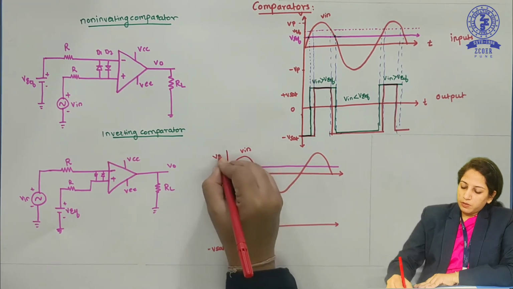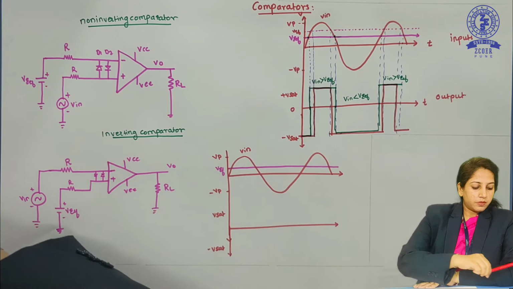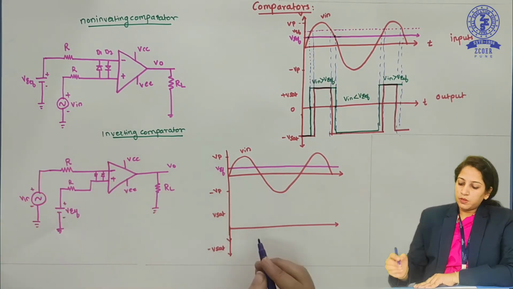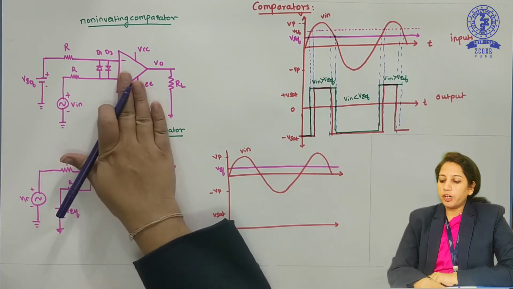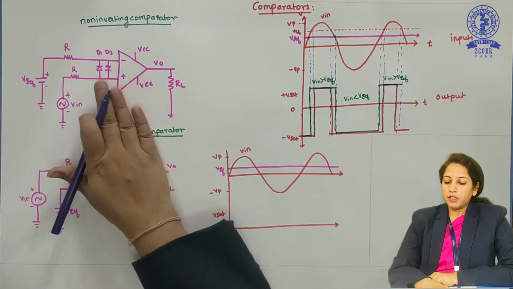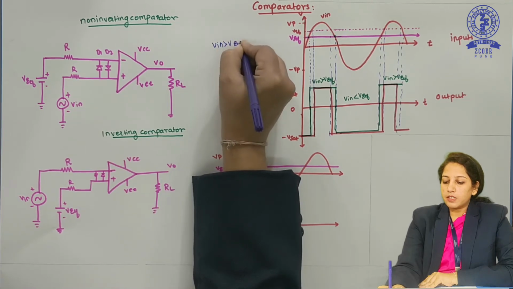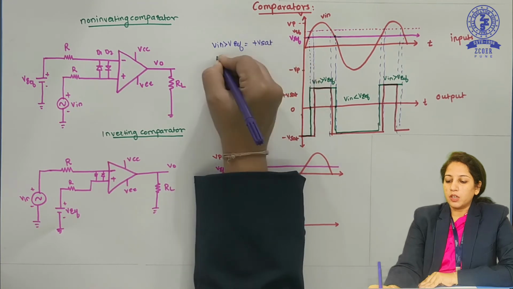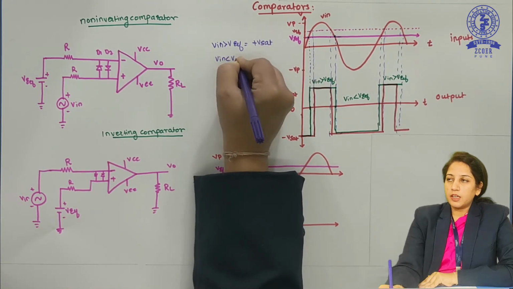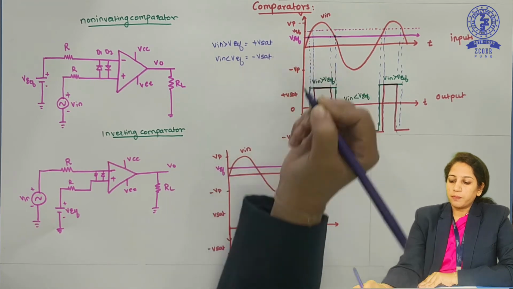This is the V peak value and this is the minus V peak value. So here we will compare just like in the non-inverting comparator. If my V in is greater than V reference, I was getting output in plus V saturation, and if V in was less than V reference, output was in minus V saturation.